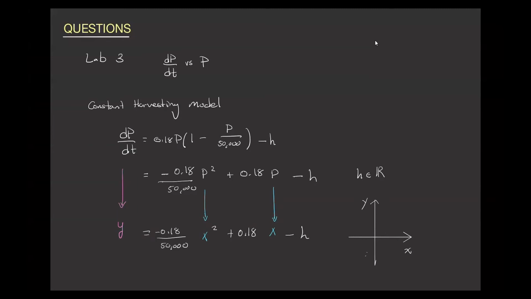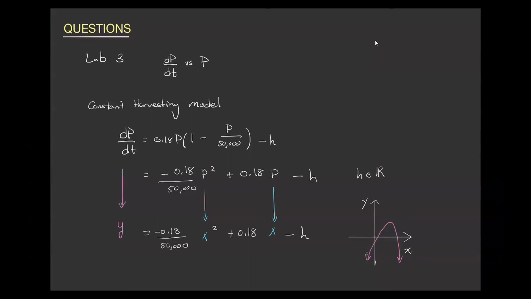And depending on h, it might look something like that. What you're asked to do in parts of this problem for this lab is to find the equilibrium solutions. That is, find where this is equal to 0. If it's modeled by this magenta curve, you're going to find out where that intersects this axis.